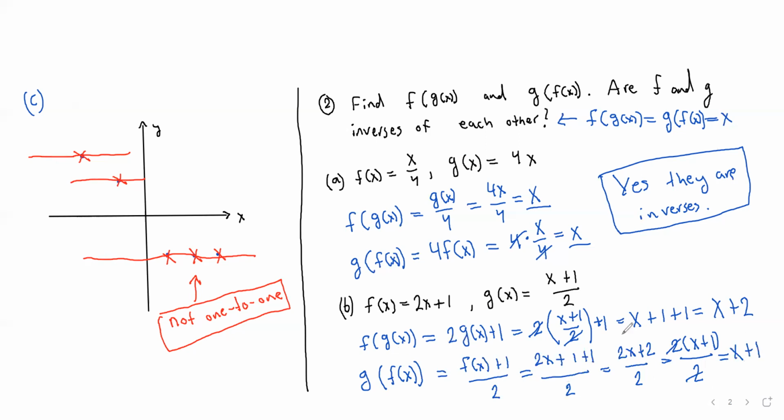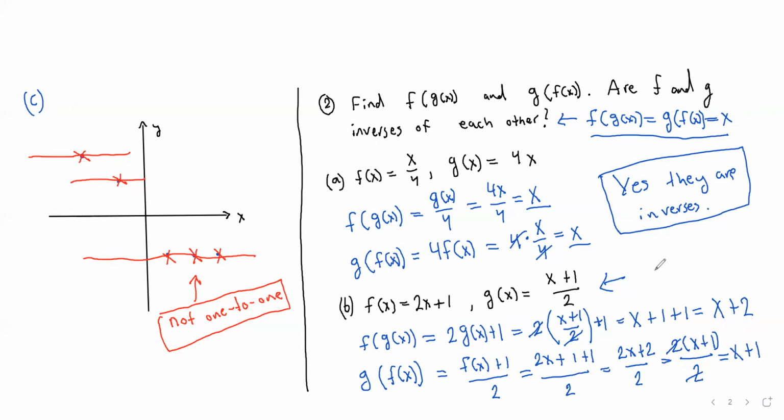So we have f of g of x is x plus 2, and g of f of x is x plus 1. But according to the rule I wrote up here, they are inverses only if both f of g of x and g of f of x are equal to x. And this is definitely not true for this example.